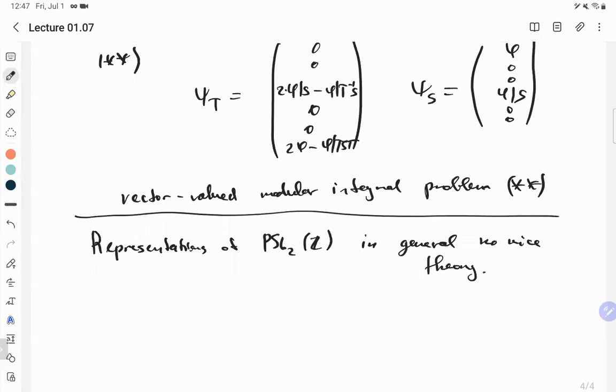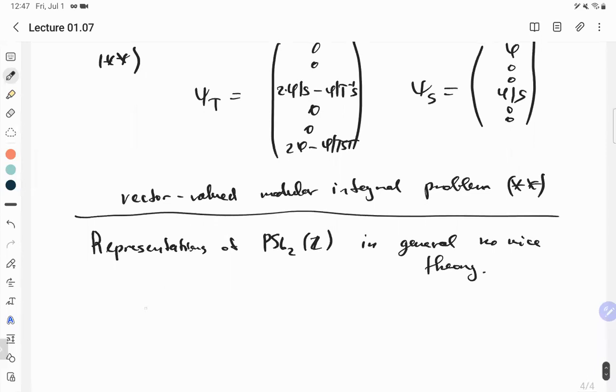First of all, when you look at elements with large norm in PSL2Z, the norm of the 6 by 6 matrix doesn't blow up. It could grow exponentially very easily, but this doesn't happen.